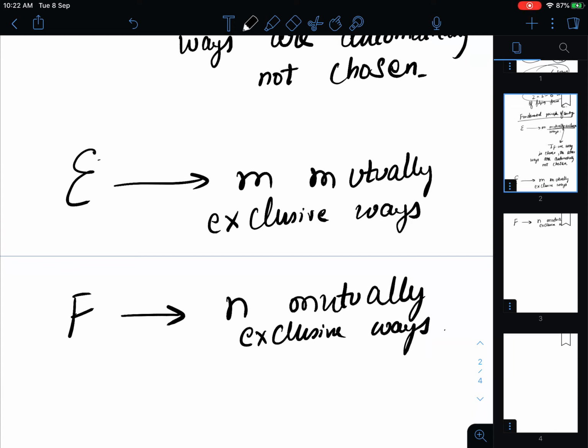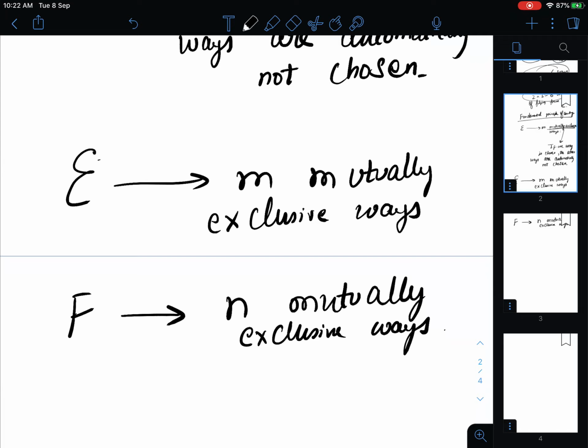Independence here means that the choice that you make in event F is independent of the choice that you make in event E.